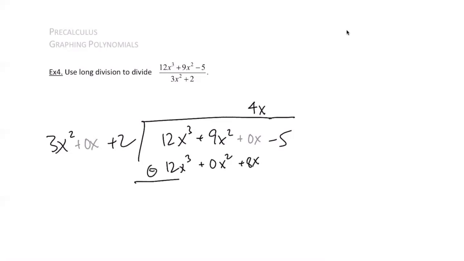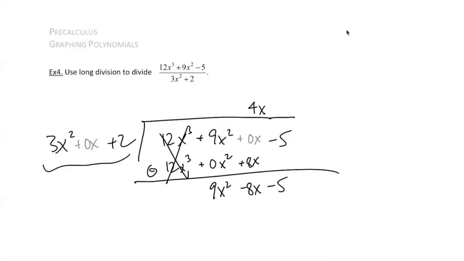And don't forget that there's a subtraction, so they're gone. 9x squared minus 0x squared, still 9x squared. Now, be careful here. 0x minus 8x, that would give you negative 8x. Now, since we have 3 terms over here, we will need 3 terms over here as well, of course.